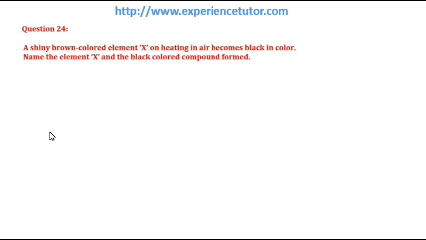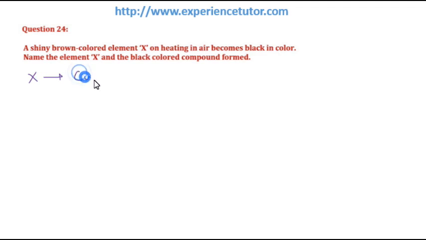Next question, a shiny brown colored element X on heating in air becomes black in color. Name X and the black colored compound formed.